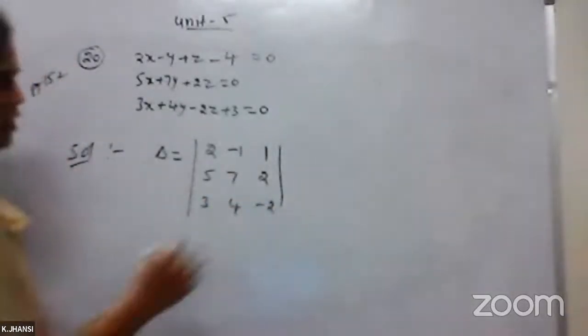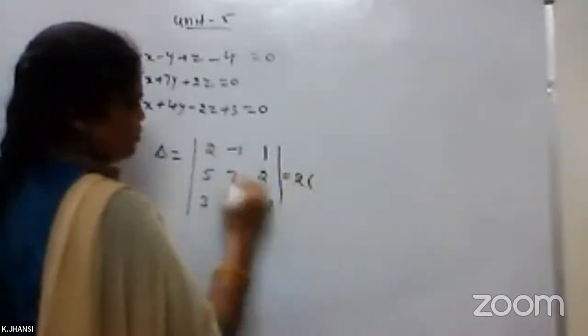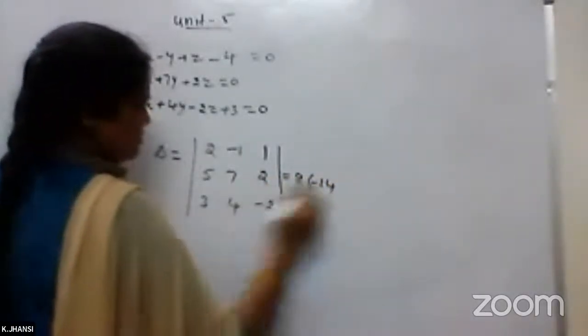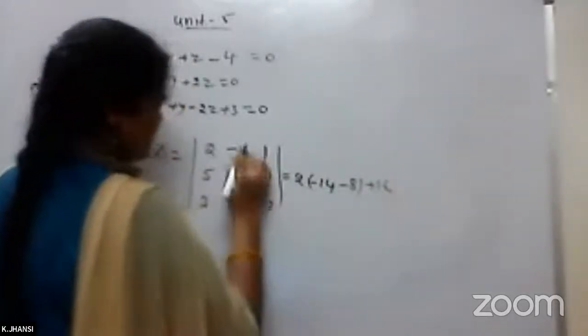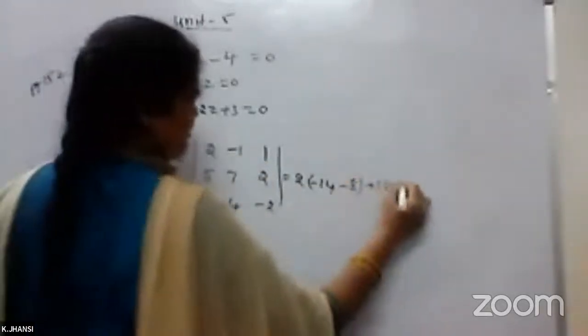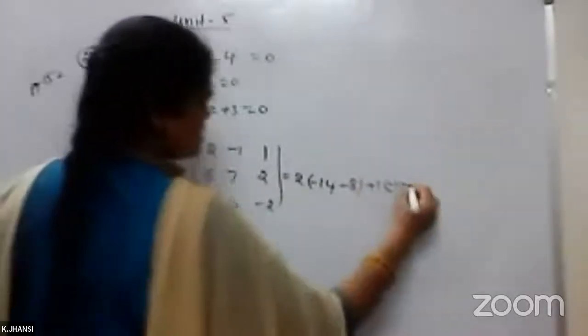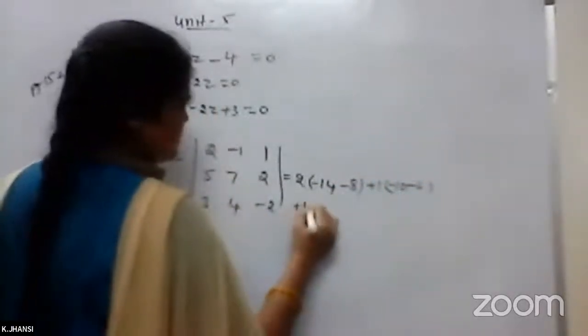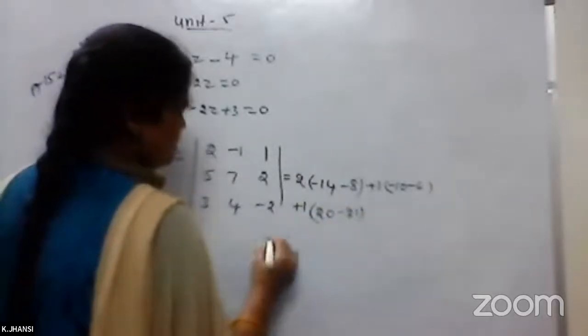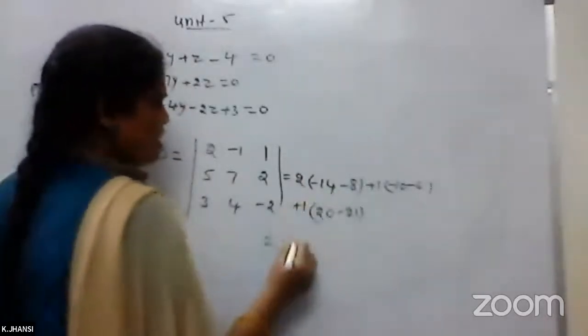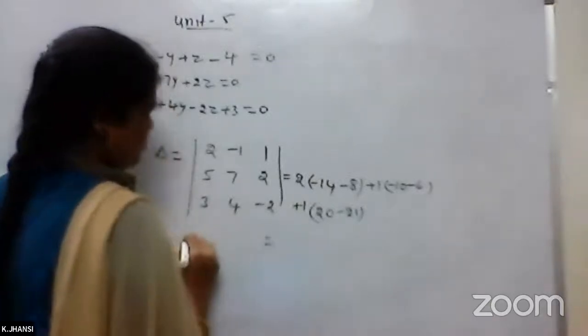Okay, so now you find the determinant. It is 2 into 7 twos are minus 14 minus 8, minus of minus is plus, so minus 10 minus 6, so plus 1 into 5 fours are 20 minus 21. So this value is minus 22.